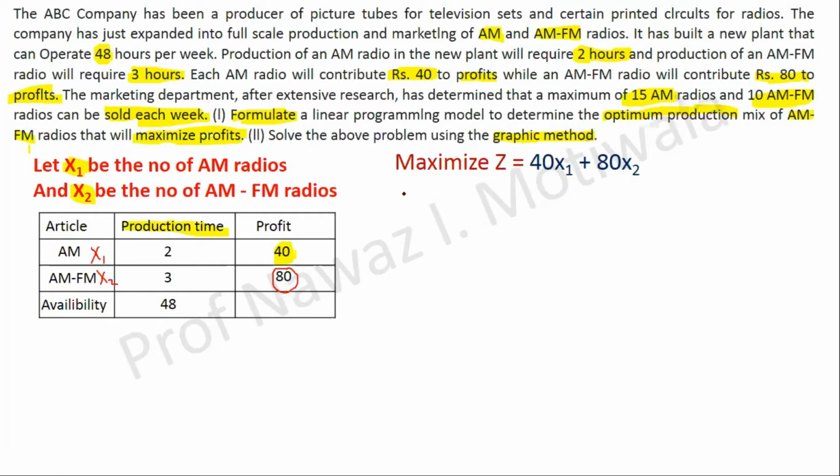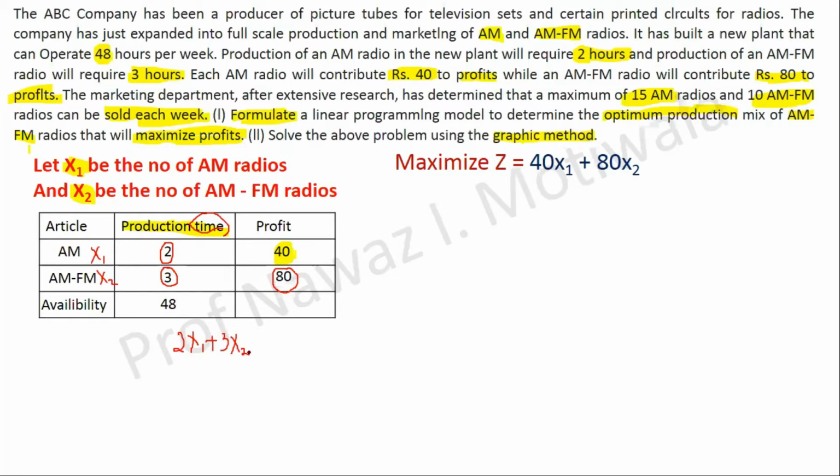Next step is to write the constraints. For the first constraint, it is directly given on production time. One AM radio requires 2 hours of production time, so X1 radios will take 2x1. I will write it here so that I don't have to erase again and again. 2x1 here, and the production time for an AM/FM radio is 3 hours, and as there are X2 of them, it will be plus 3x2.